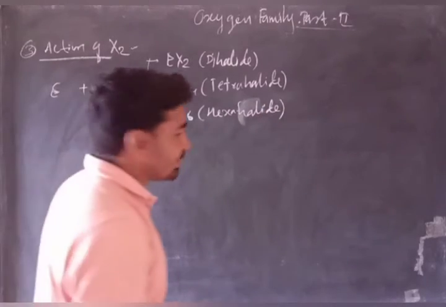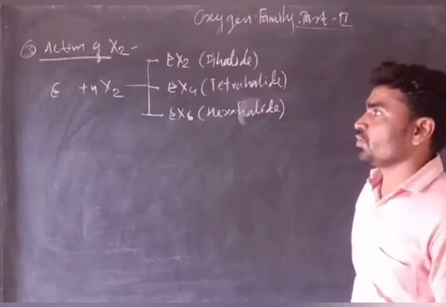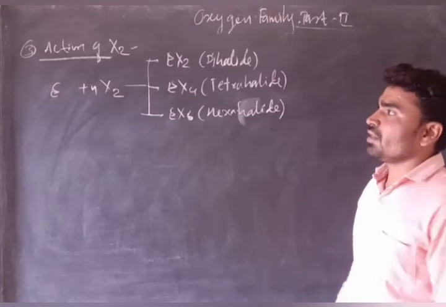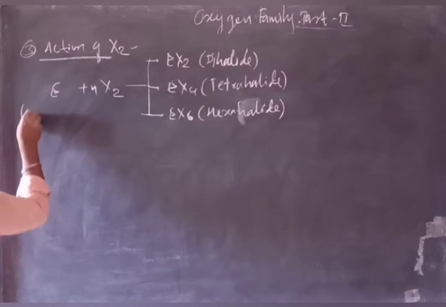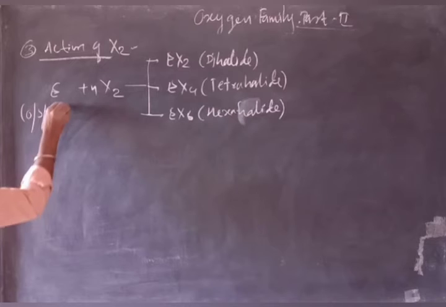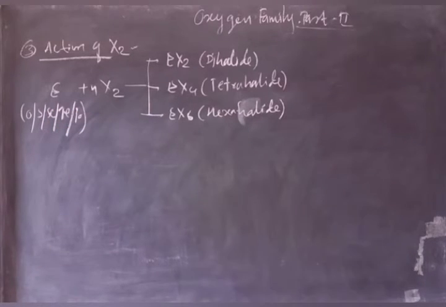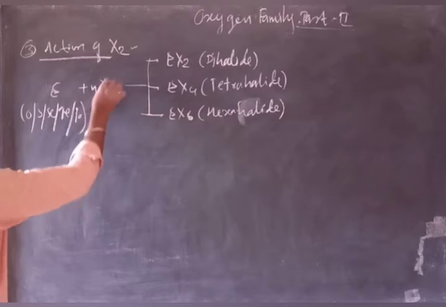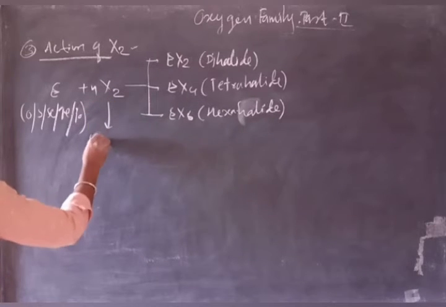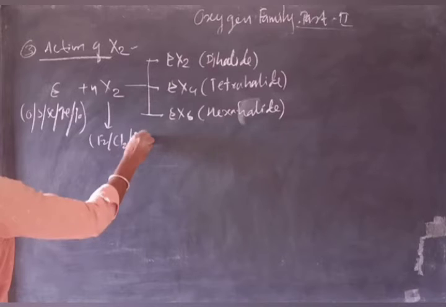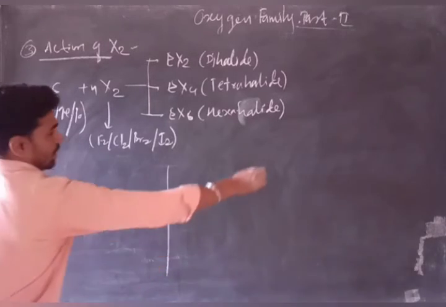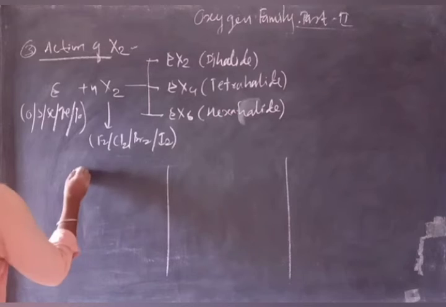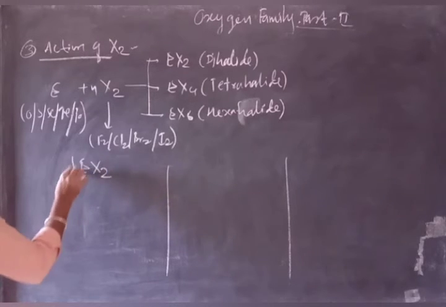So this many halides form when the halogens react with the elements. The elements may be oxygen, sulfur, selenium, tellurium, or polonium, it may be any one. And obviously here X2 means F2, Cl2, Br2, and I2. So let's study their structural features. Here I will make 3 columns, and here I am doing the dihalides, that is EX2.